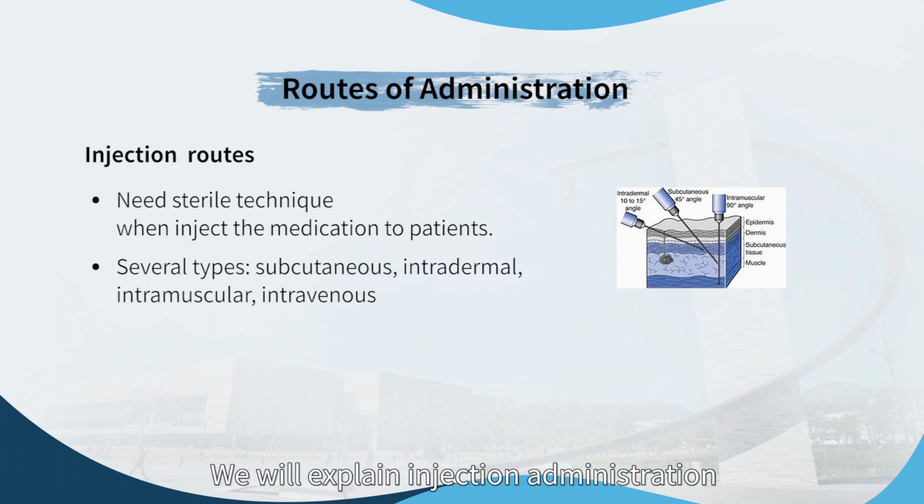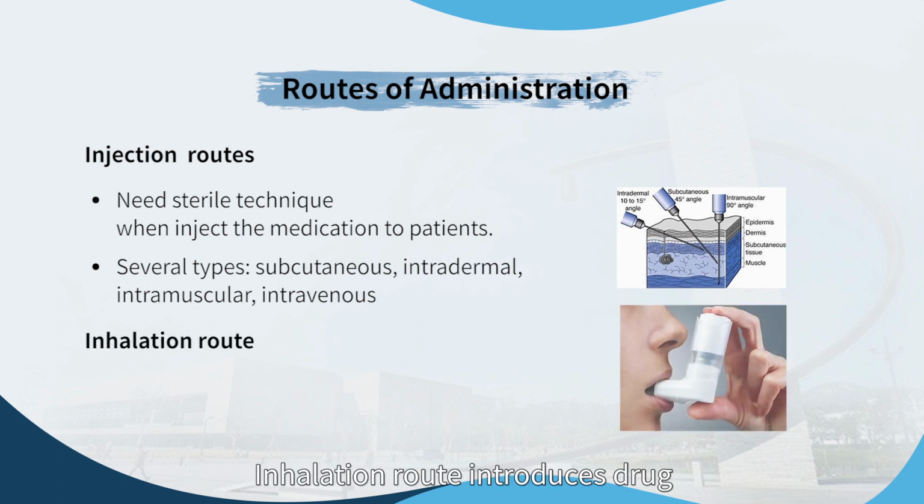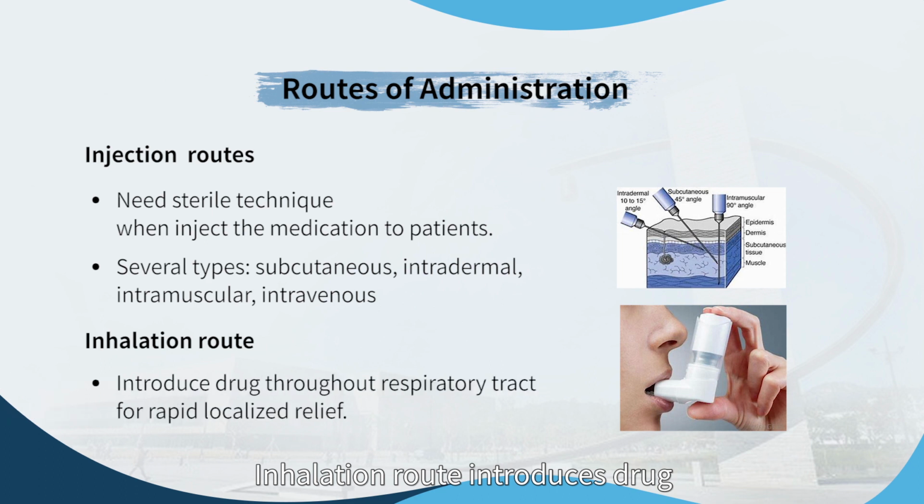We will explain injection administration in detail in the following sessions. Inhalation route introduces drug throughout the respiratory tract for rapid localized relief. Other routes, such as rectal, topical, vaginal administration, can provide a local effect of disease treatment.